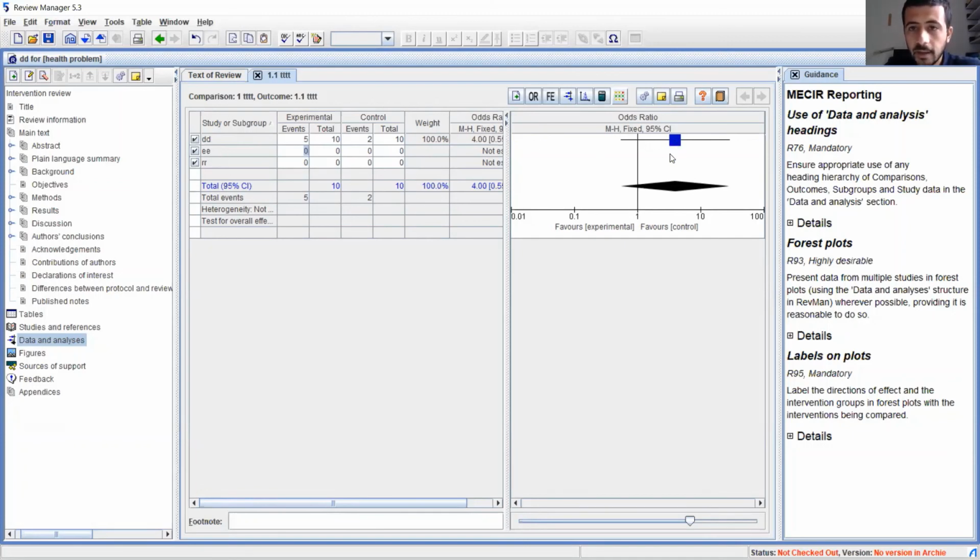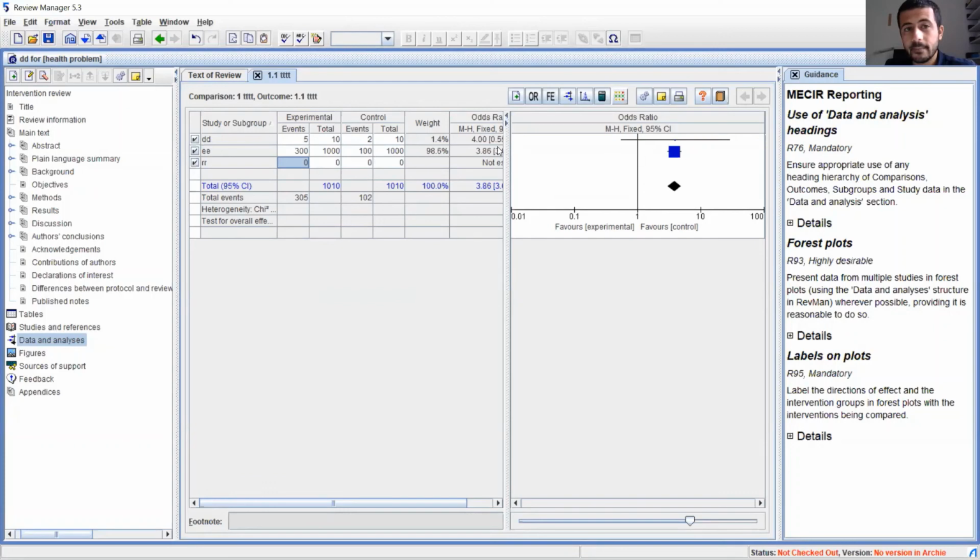And you will see how it will contribute when I have, for example, in here, 300 out of 1000, and the controls, let's say 100 out of 1000. You see that the weight that was going to the first study just went smaller because the second study is so big.